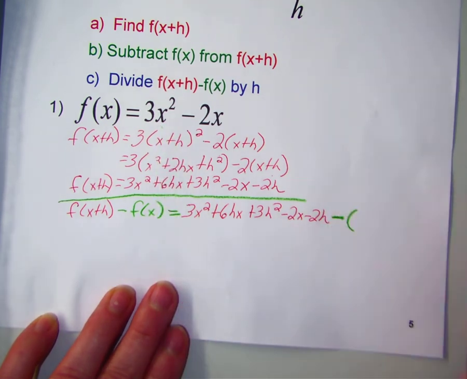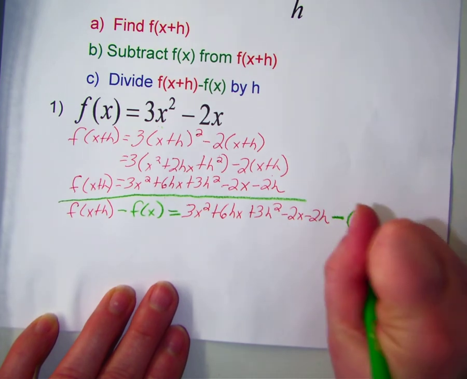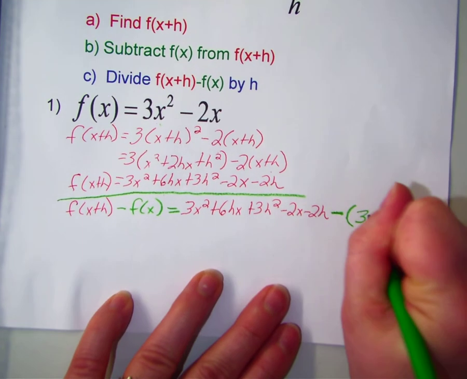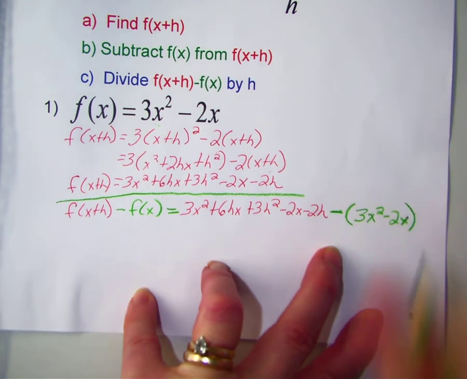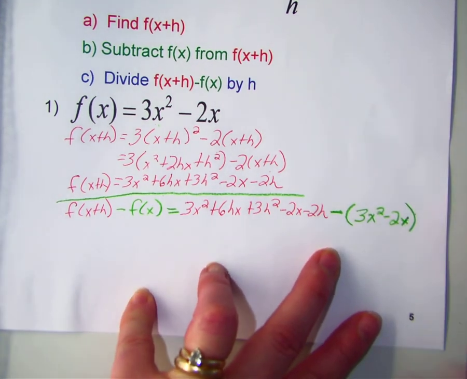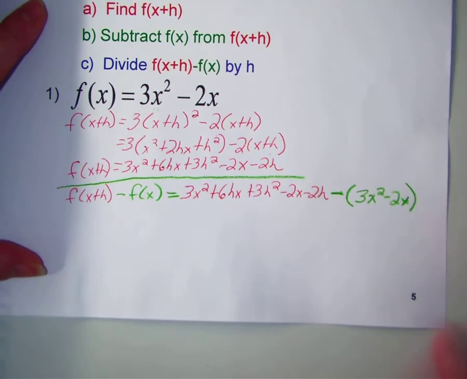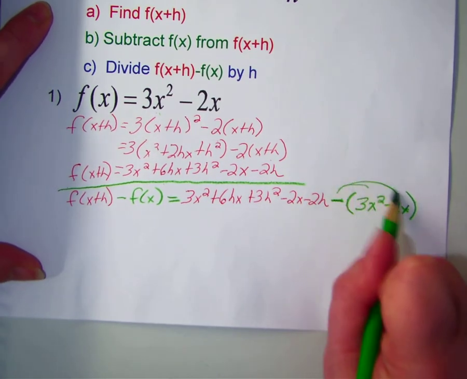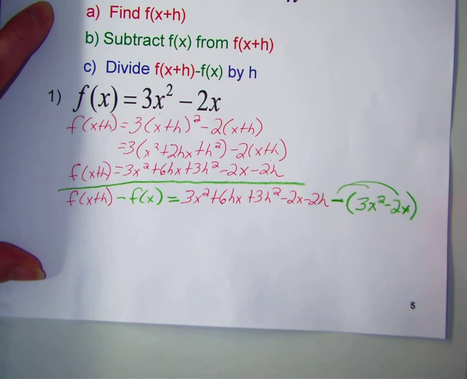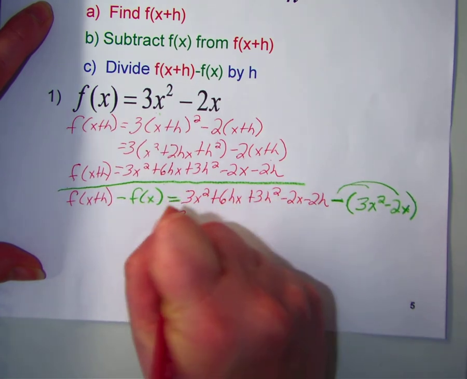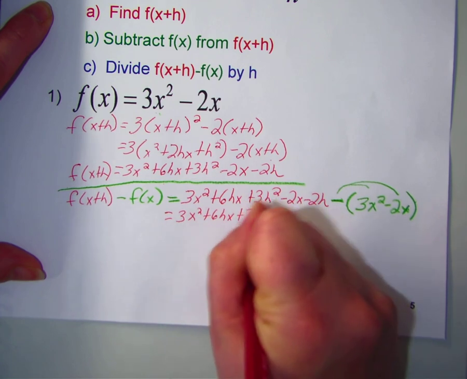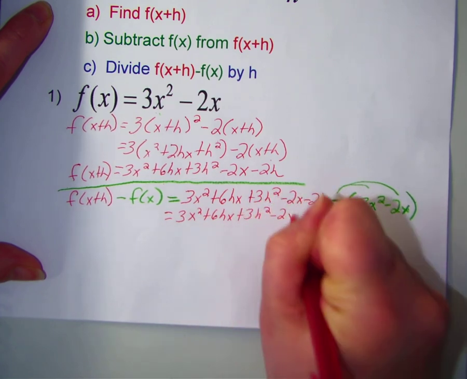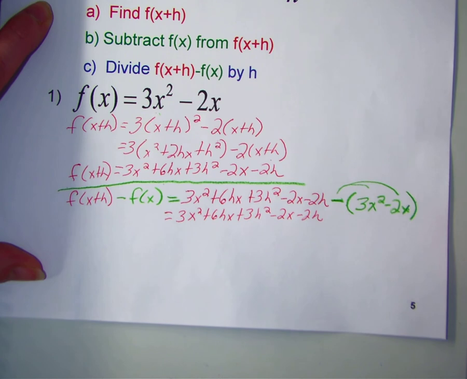So in parentheses, so I remember to subtract the whole thing, 3x squared minus 2x. Okay. All right, I'm going to distribute this negative. So again, I'm going to copy down what f of x plus h is, and distribute the negative to f of x.